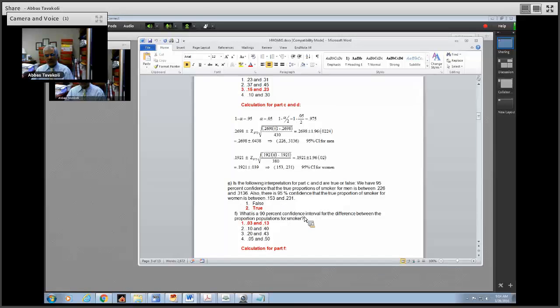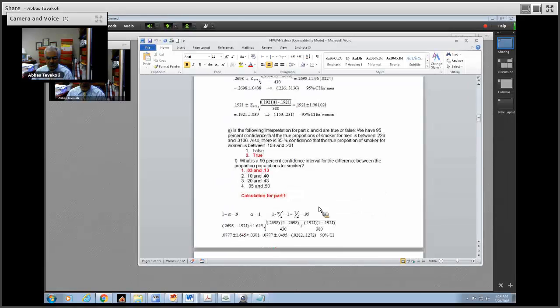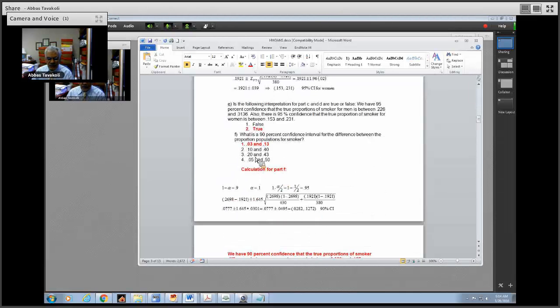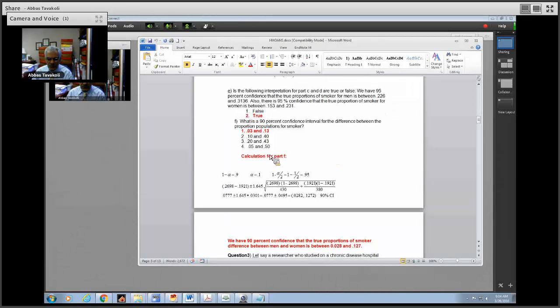So basically, the purpose of the confidence interval is to find the lower bound and upper bound of what is going to be in your population. In part F, I asked you to find the difference between these proportions.